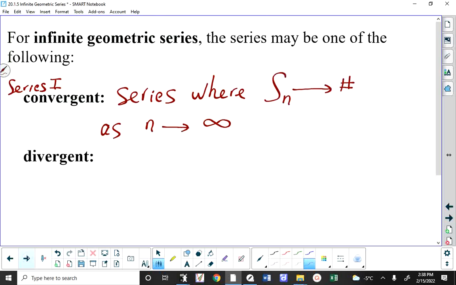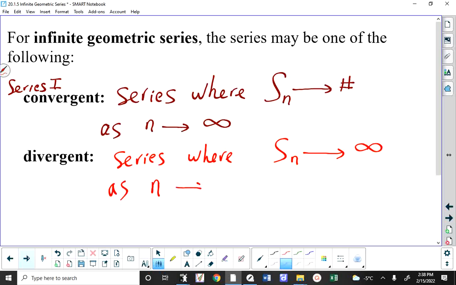Divergent is a series where the sum doesn't approach a number, it just explodes. It just gets bigger and bigger and bigger as the number of terms you're adding approaches infinity.